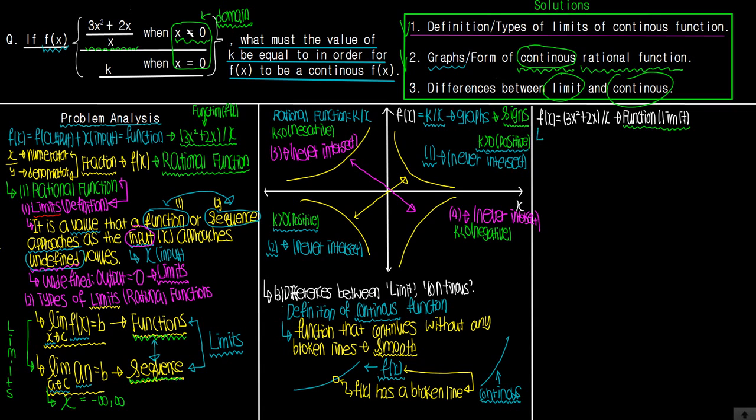So there are 2 cases. The two cases will be defined by the x value's approach. We know the x value is our input value. What does the input value approach?